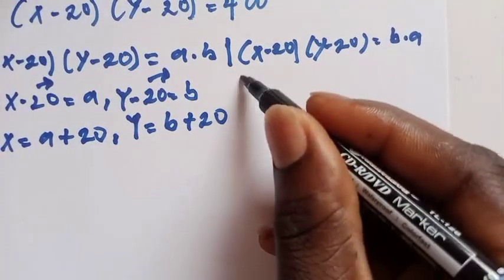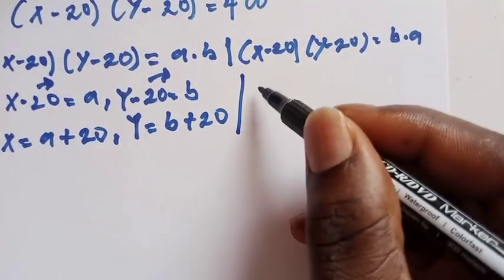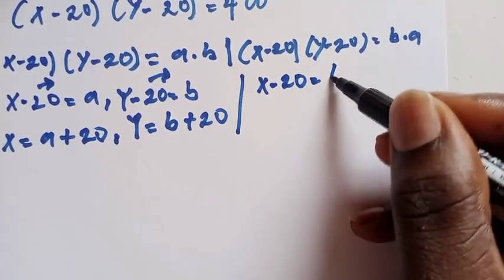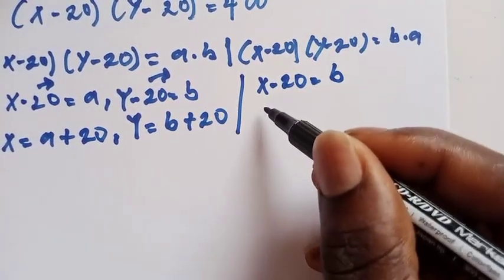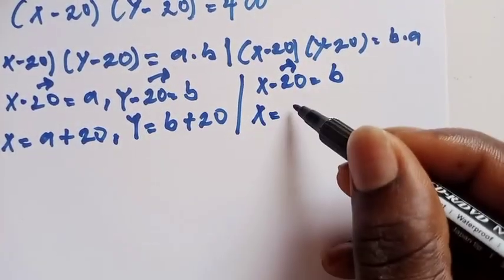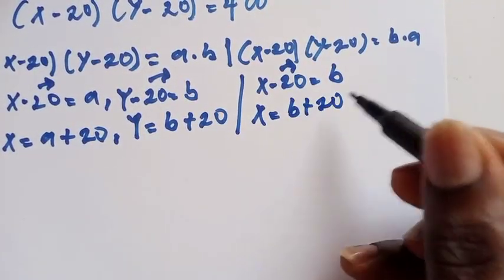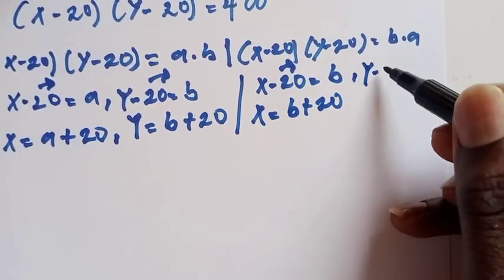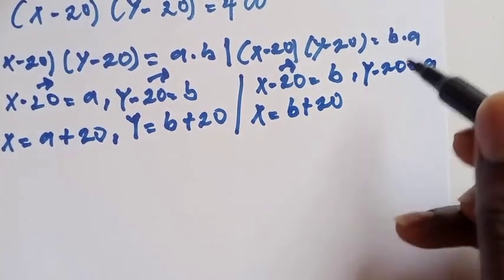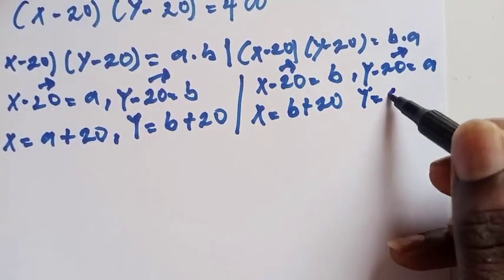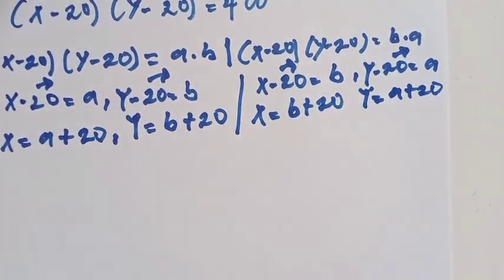From this side, x minus 20 is equal to b, and then if 20 comes over here, x will be equal to b plus 20, and then y minus 20 is equal to a, and if 20 comes over here, y will be equal to a plus 20.